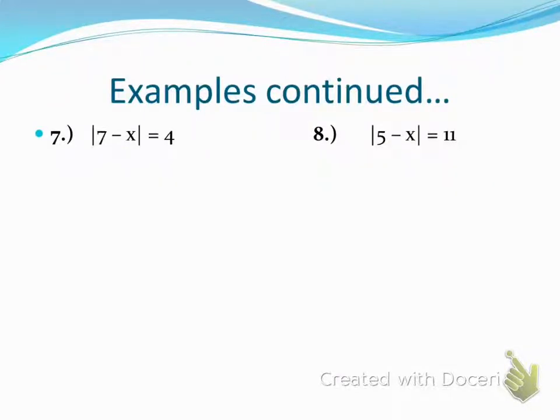Alright, on 7 and 8, they kind of step it up a notch. Still, our first step is going to be to make sure that the bars are alone and then split up our problem. Any new volunteers before I pick on people?